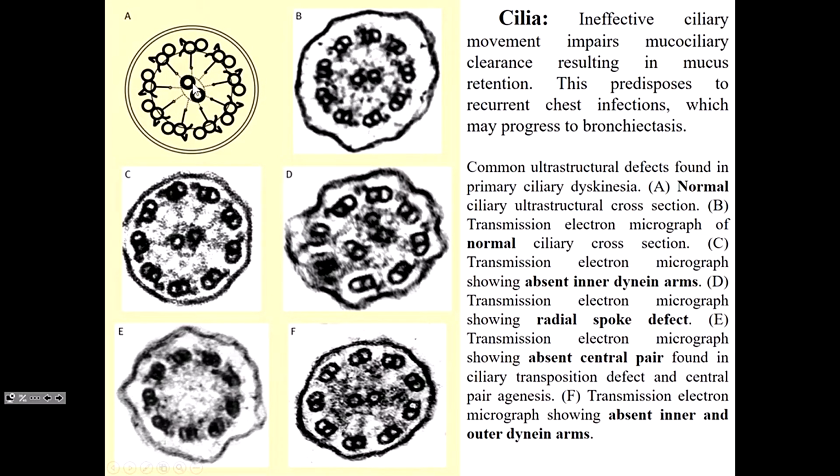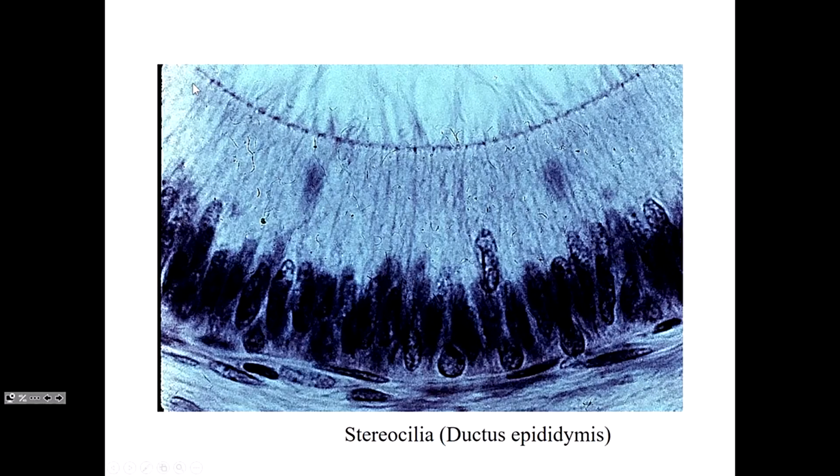So this is the typical structure that you will see for a cilia. You have to look for those doublets of microtubules. Whereas stereocilia, which we see in the epididymis in this particular example, have nothing to do with microtubules. The term stereocilia is a misnomer.